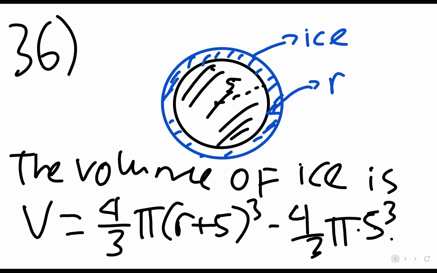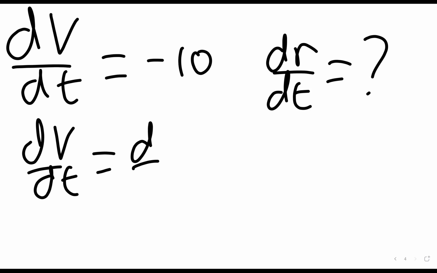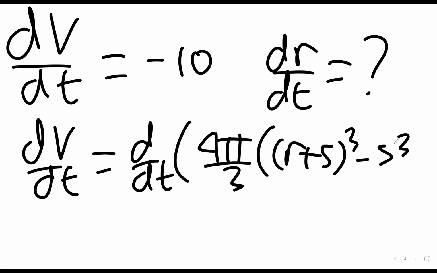So from this equation, if I take the derivative, dV/dt equals d/dt of the term on the right hand side, namely 4 pi over 3 can be absorbed there, then multiplied by the derivative of (r plus 5) cubed minus 5 cubed. You know that the 5 cubed there is a constant, so this derivative is 0.